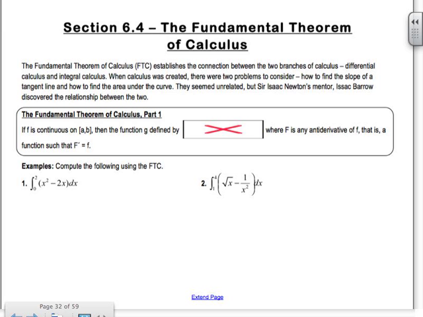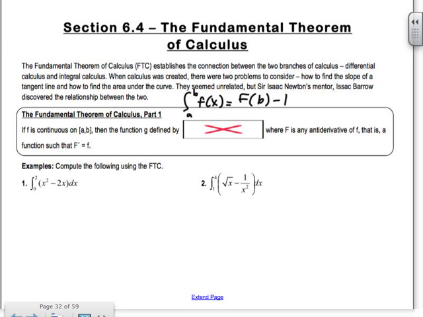So it says if f is continuous on a to b, then the function defined by, you guys have that, right? Yeah. Okay, so the integral, so g of x equals, oh wait, I don't know how I had it in my notes. A to b, where F is any antiderivative of f.